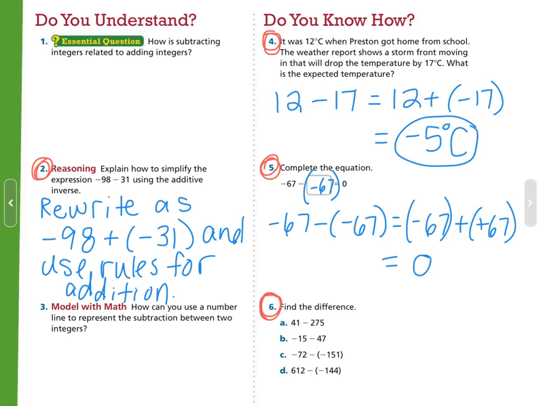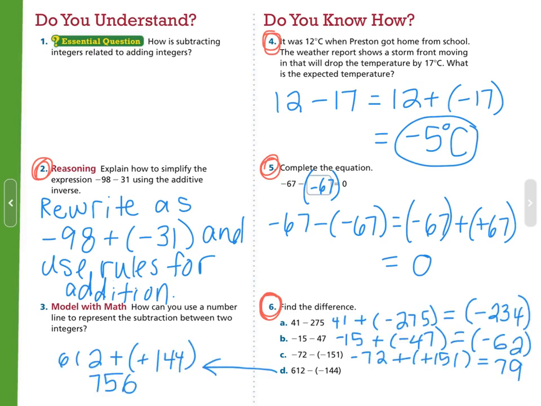You may pause the video while you're checking your answers, and then make sure you try question number 6, parts A, B, C, and D, and come back and check your answers to those as well. Now check your answers to question 6, parts A, B, C, and D. You may need to pause the video while you do that.